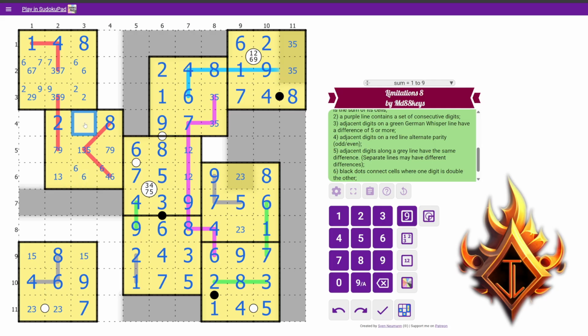Can that be 1? Yes. 7, 9. 1, 4, 8. 1, 2, 3, 5, 7. 6. 2, 9, 3, 5.